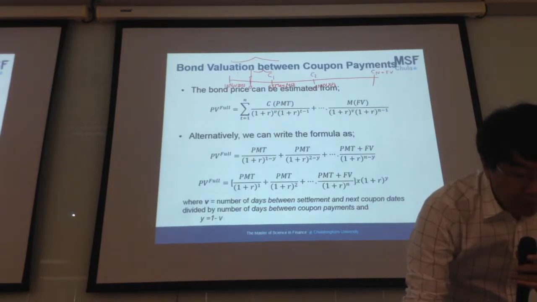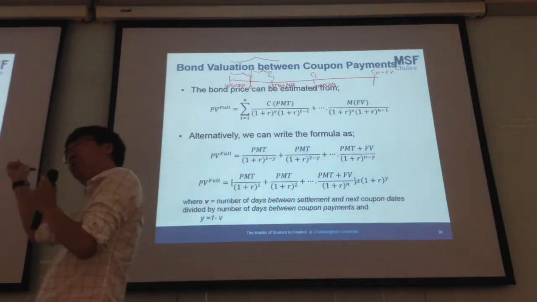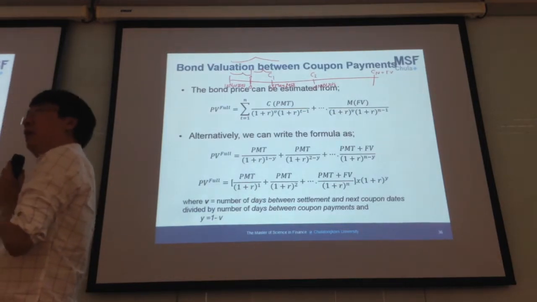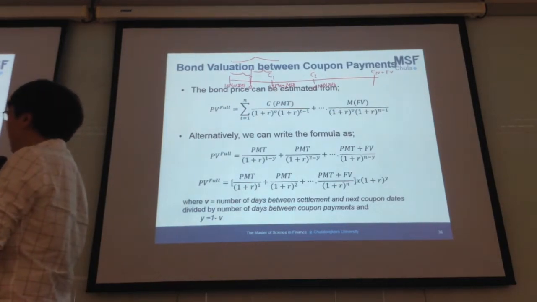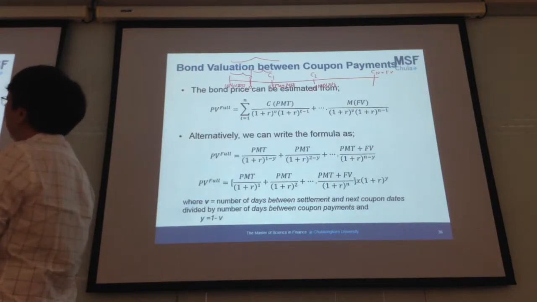So Y is equal to the number of days between the last coupon payment till the settlement date, divided by the total number of days between the coupon payments. Okay?